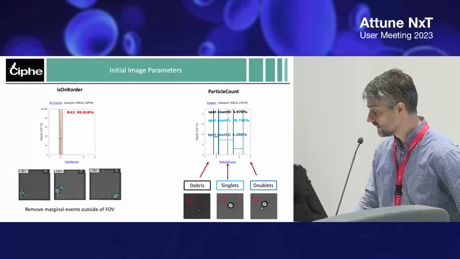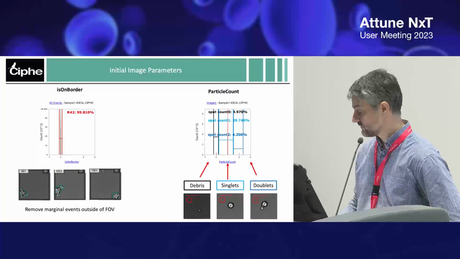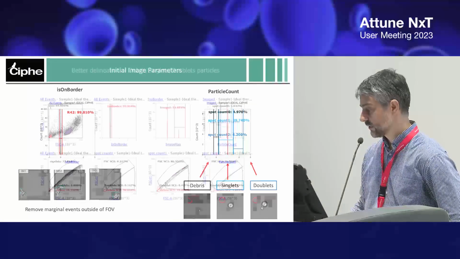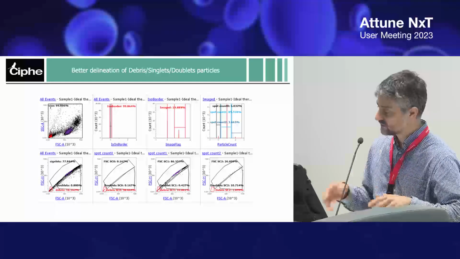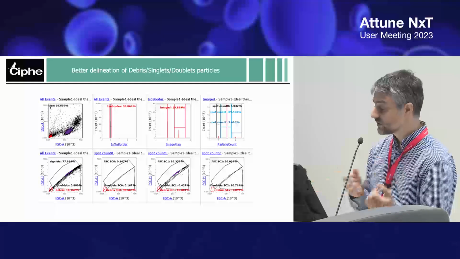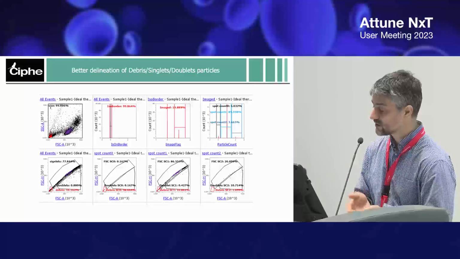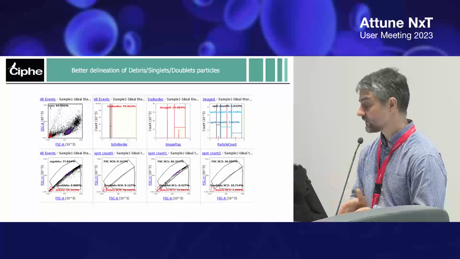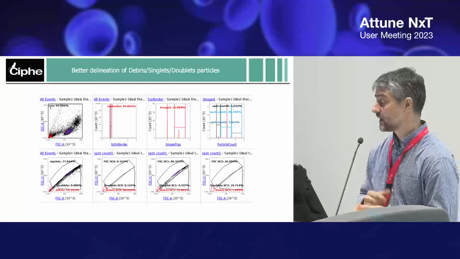So it's quite practical to look at single images of your sample. And that's how we approached that initially, to look at whether it was doing a good job, whether when you really count or gate on 0 particle, you have no cells. When you gate on 1 particle count, you get just singlets, and on 2, doublets.